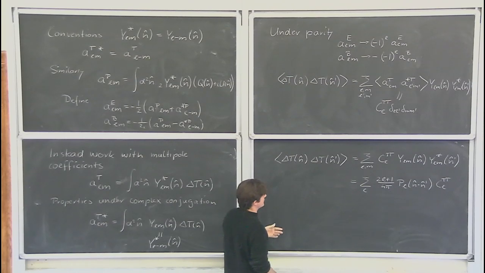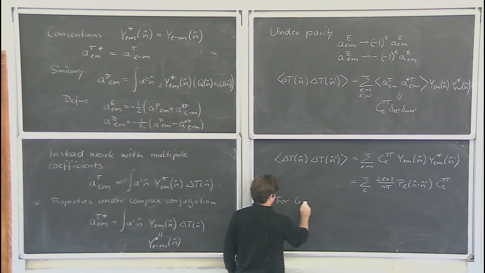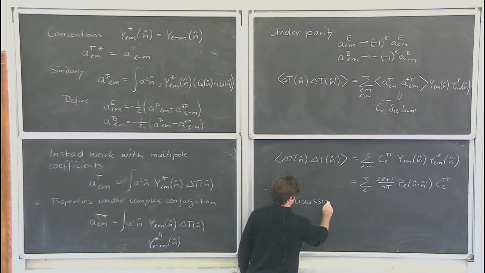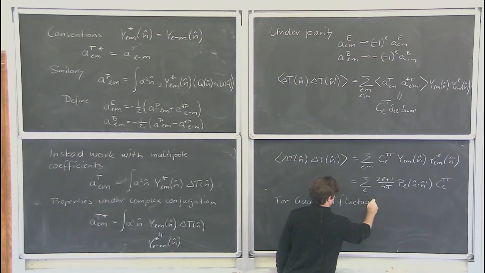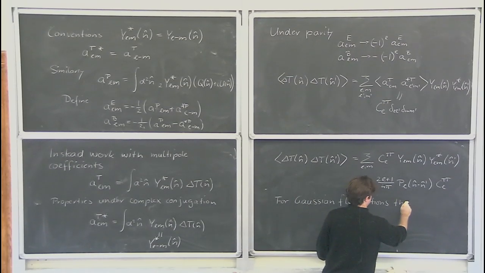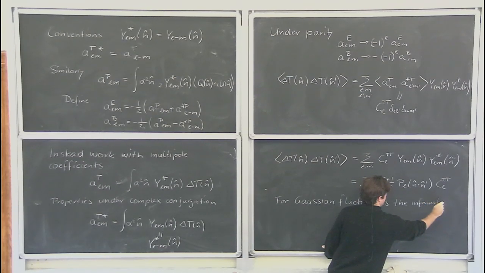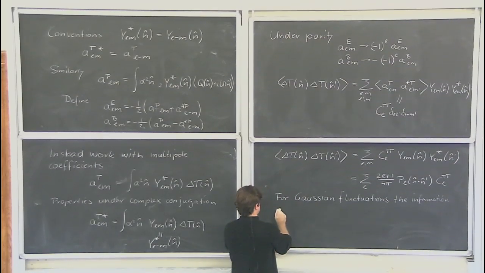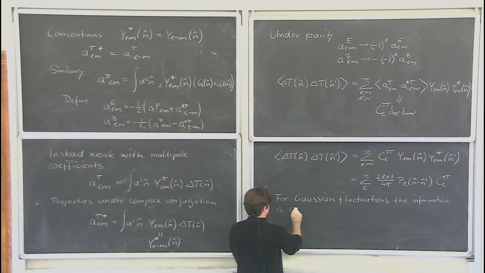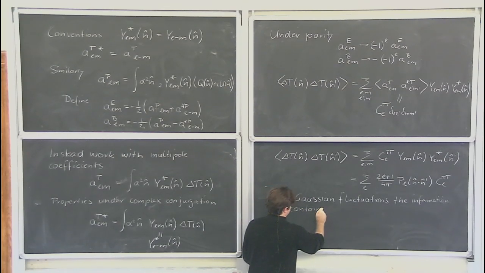So all the information, at least for Gaussian fluctuations, that's contained in the correlation functions is contained in the angular power spectra.